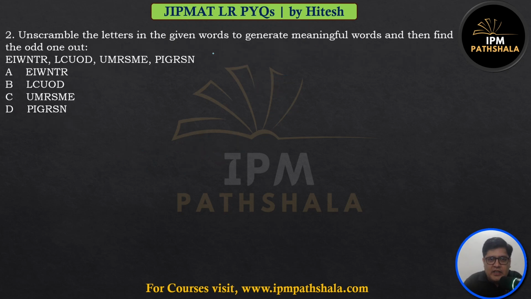Unscramble the letters in the given words to generate a meaningful word and then find the odd one out. So this requires a lot of practice. You have to be good with words, vocabulary, or you should be able to find patterns in spellings. This one is winter. This one is cloud. This one is summer.